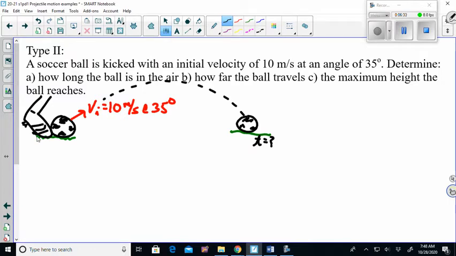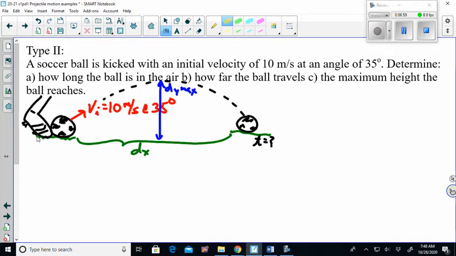How far the ball travels, so I'm looking for the range, the x displacement, and then I'm going to be looking for the maximum height, dy max. Typical questions you're going to get asked in a projectile motion problem.